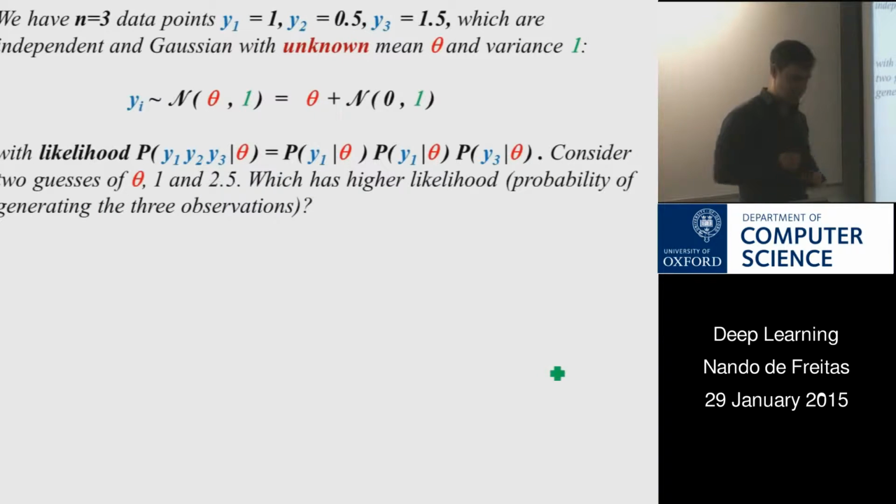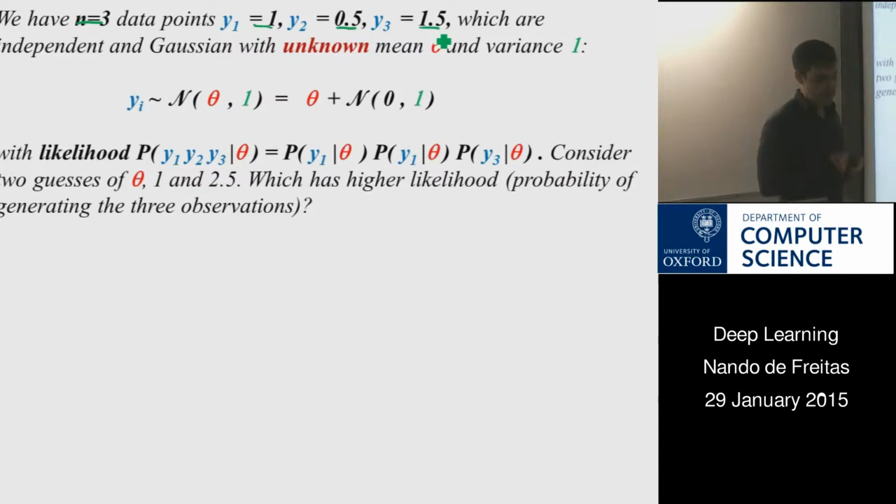Okay, so now we can introduce the concept of likelihood. Let's assume that we have observed 3 data points in the world, and now we're back to 1D, and these data points are maybe 3 observations, 1, 0.5, and 1.5. So you're measuring some physical quantity, and you observe those 3 values. And you believe that those 3 values are governed by a Gaussian distribution.